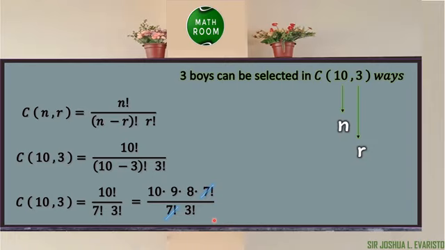Multiply the remaining factors. 10 times 9 times 8 is equal to 720 and 3 factorial is 3 times 2 times 1, which is equal to 6. Last step, 720 divided by 6 is equal to 120 ways.